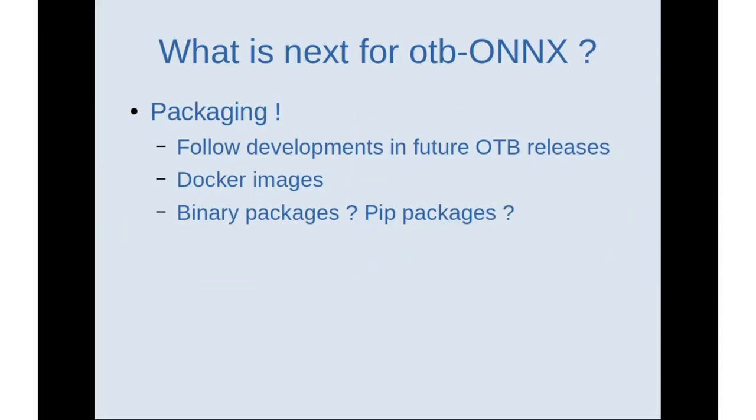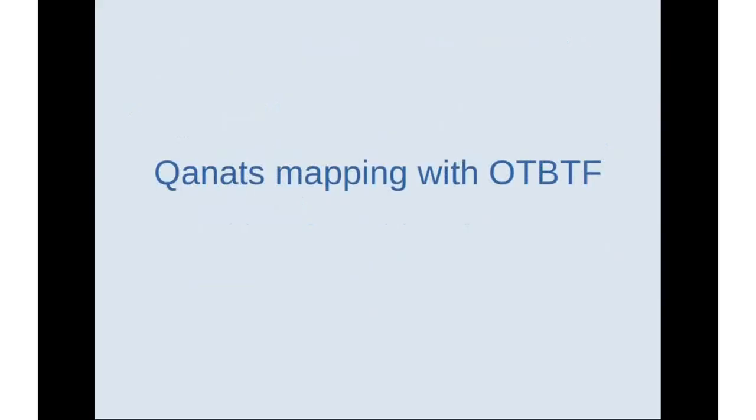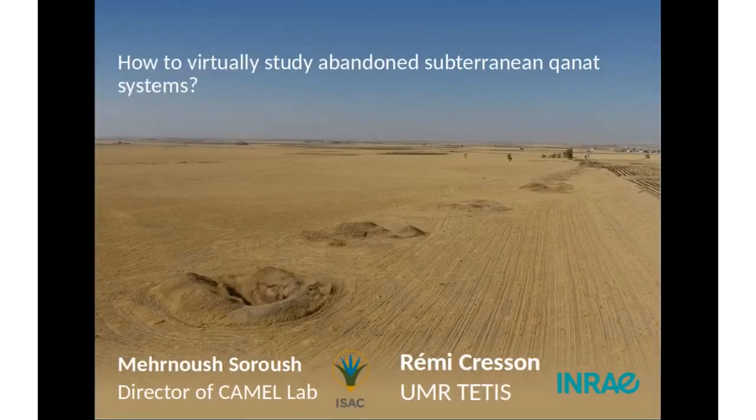So I think I have now finished with the technical part, and I will now tell you a nice story about some people trying to map these things in the Middle East. These things are qanats. They are ancient subterranean aquifers.